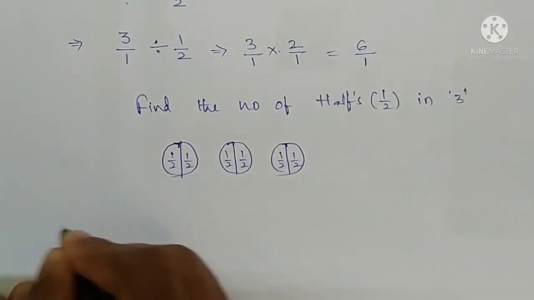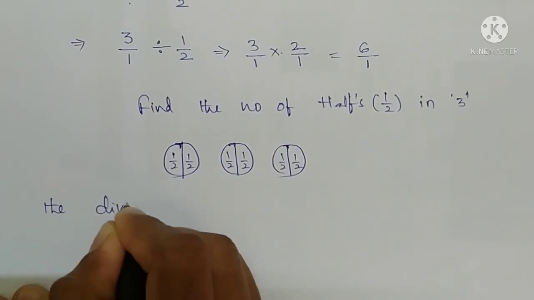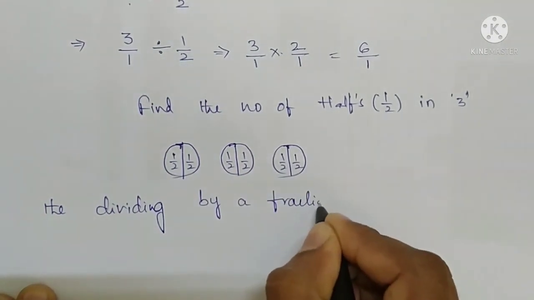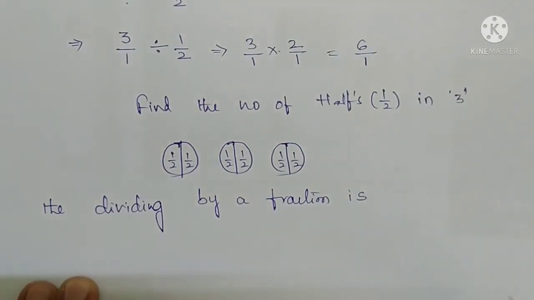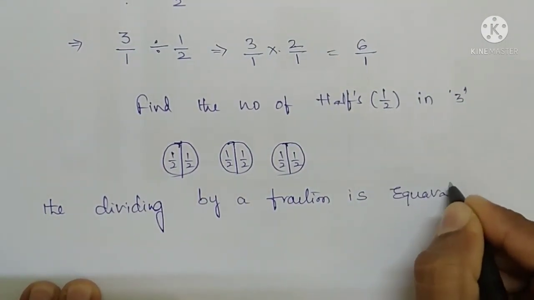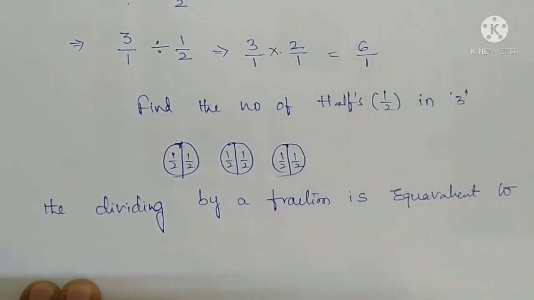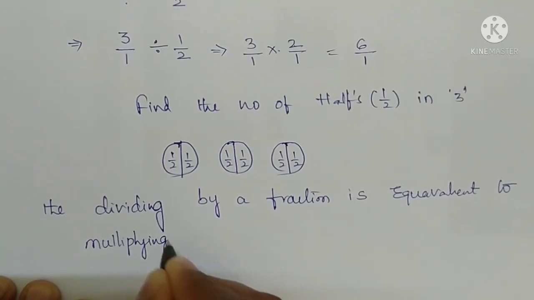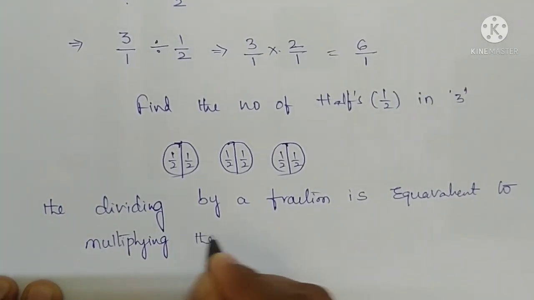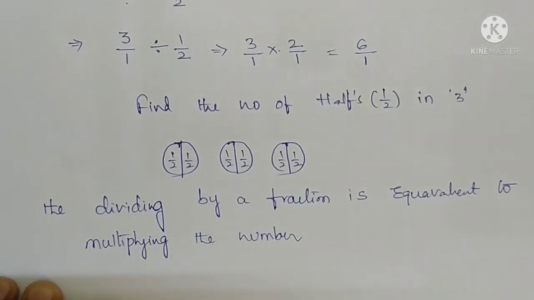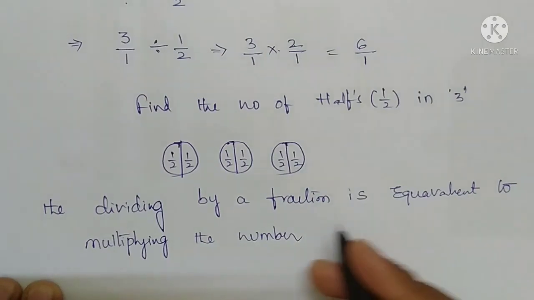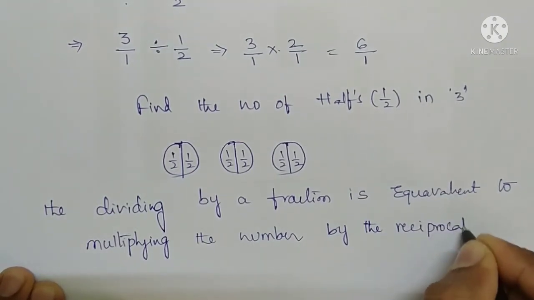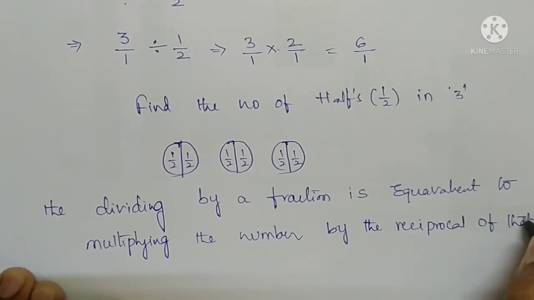Dividing by a fraction is equivalent to multiplying the number by the reciprocal of that fraction.